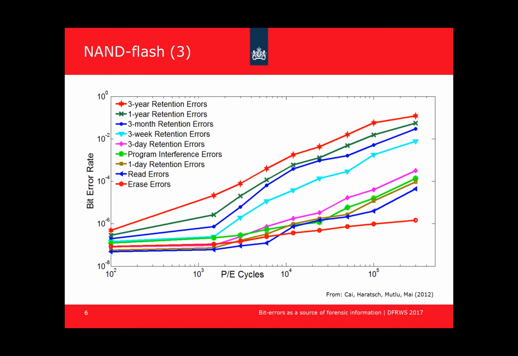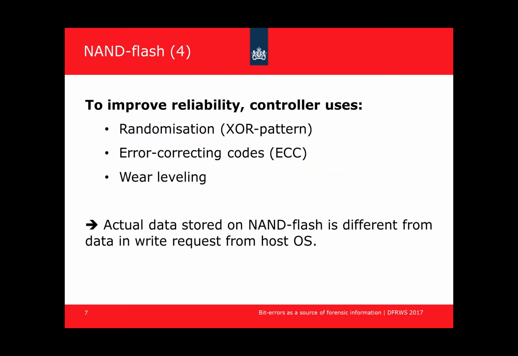On the x-axis you have the number of PE cycles, the number of times it has been erased, and on the y-axis you see the bit error rate for different sources of information, different types of errors. The important thing to notice is that the retention errors are the largest in magnitude, so they contribute most to the bit errors, and the rate at which errors develop also increases with the number of PE cycles. That's important to notice.